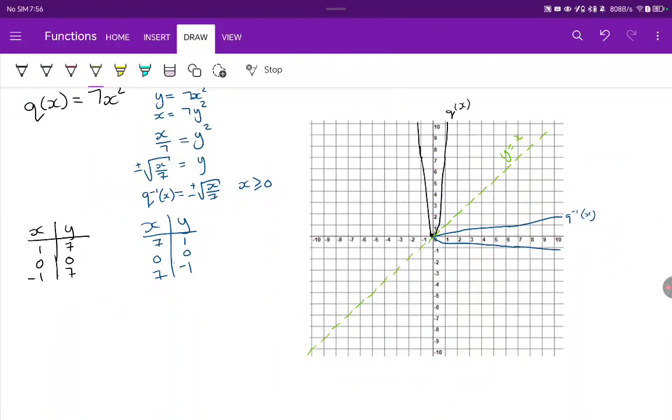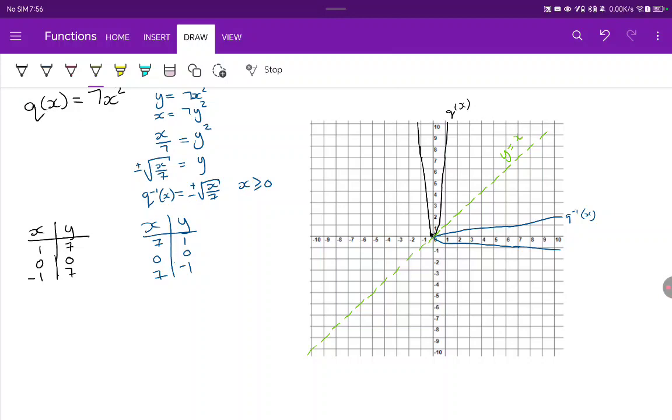So the first thing we want to talk about is the concept of whether or not this is a function. What is a restriction? Now, if you remember the vertical line test or the definition of a function, our definition of a function says that each input gives one output.